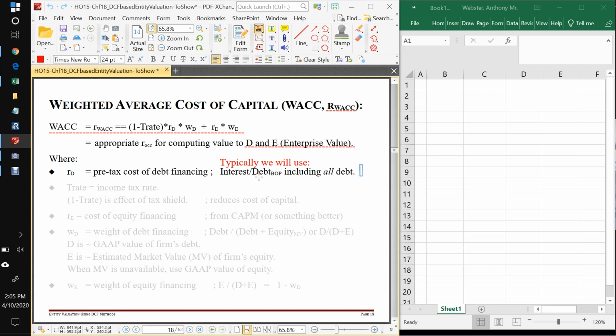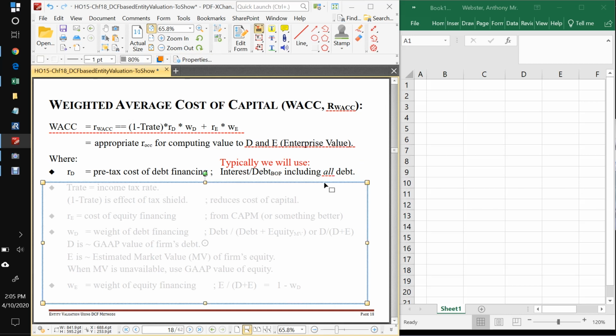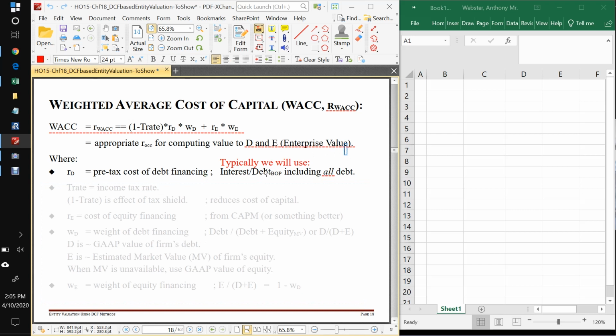Remember, this doesn't include the tax shield, even though we're taking it from the income statement. The interest paid divided by the debt at the beginning of period, and we want to make sure we include all the debt in there, okay? This is still pre-tax because it doesn't have the tax shield in there, okay? And this is how we get post-tax, by multiplying it by 1 minus the tax rate.